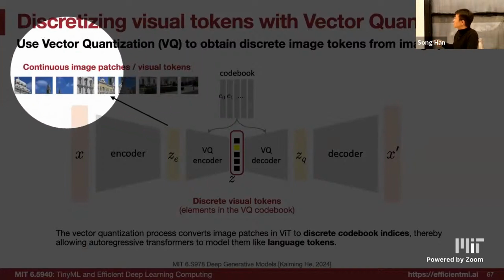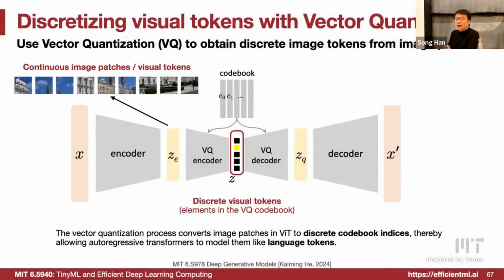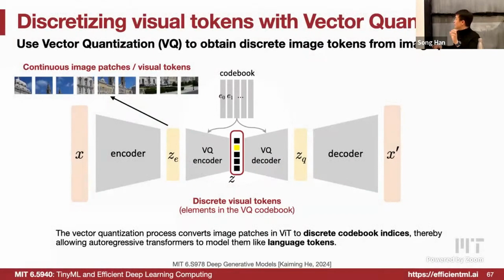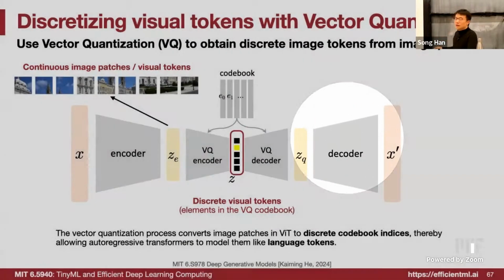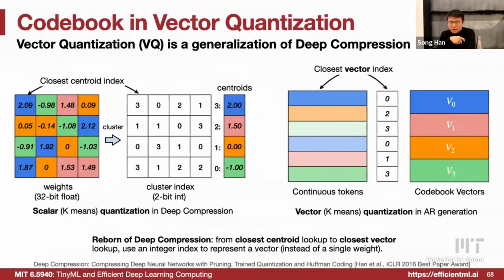So we turn those continuous image patches, these visual tokens, into discrete image tokens. Then we can decode them. Although there's a limited number of tokens in the codebook, we can have different combinations of these tokens such that we can decode them into various diverse images.